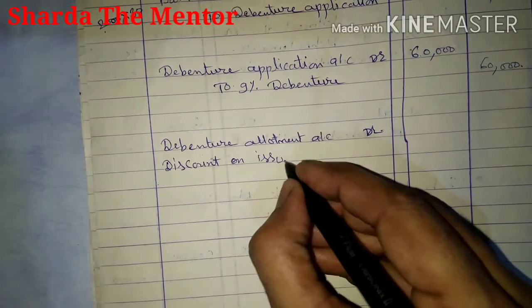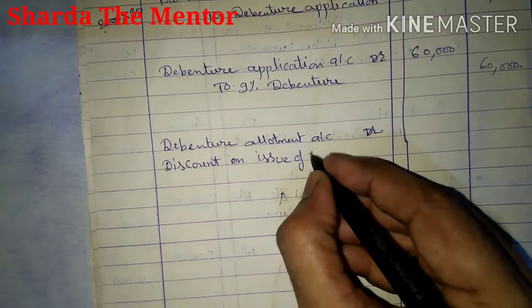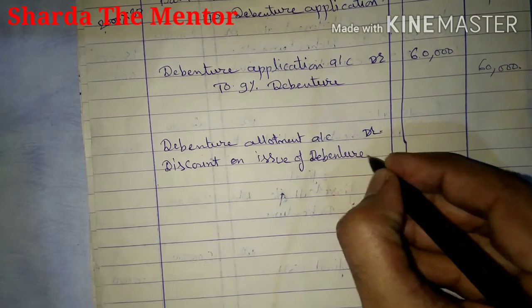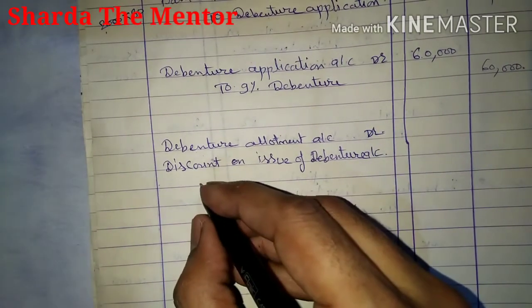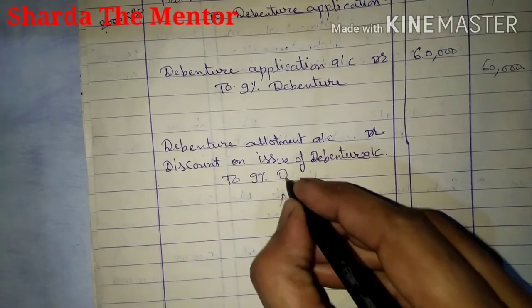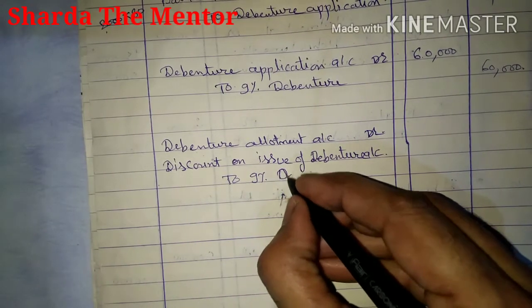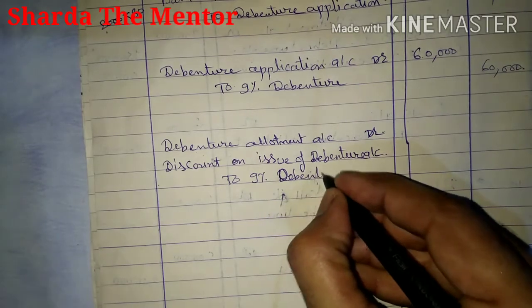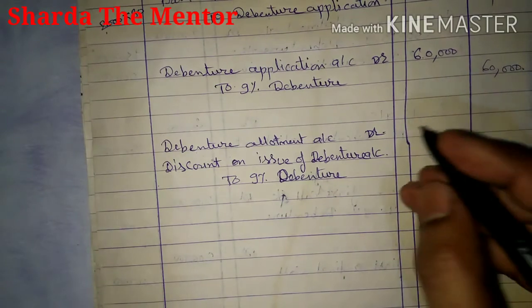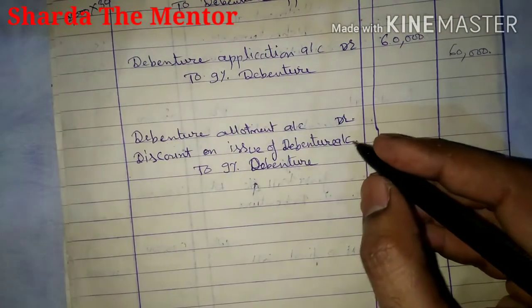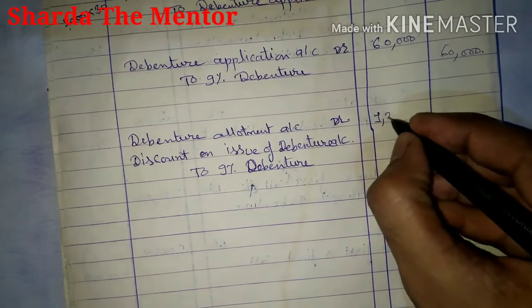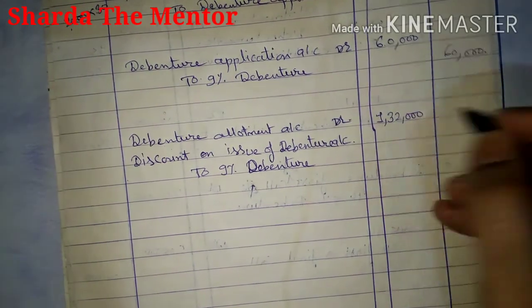So discount on issue of debenture account to 9% debenture. I am not mentioning the narration because you already know how to write it. In the earlier videos, I have shown how to write the narration, and you can easily find these things in your books. So I am not mentioning narration here.